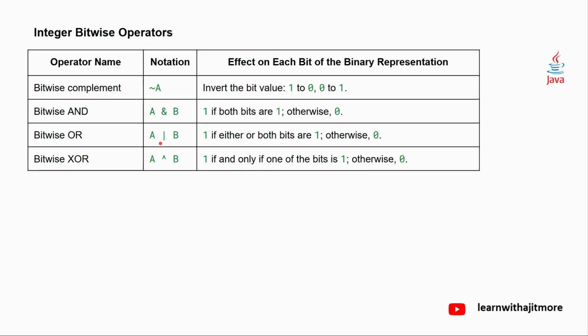In OR, when at least one is 1, you get 1, otherwise 0. In XOR, when both the bits are different, then 1, otherwise 0. If one of the bits is 1, the other is 0, then only you'll get 1.